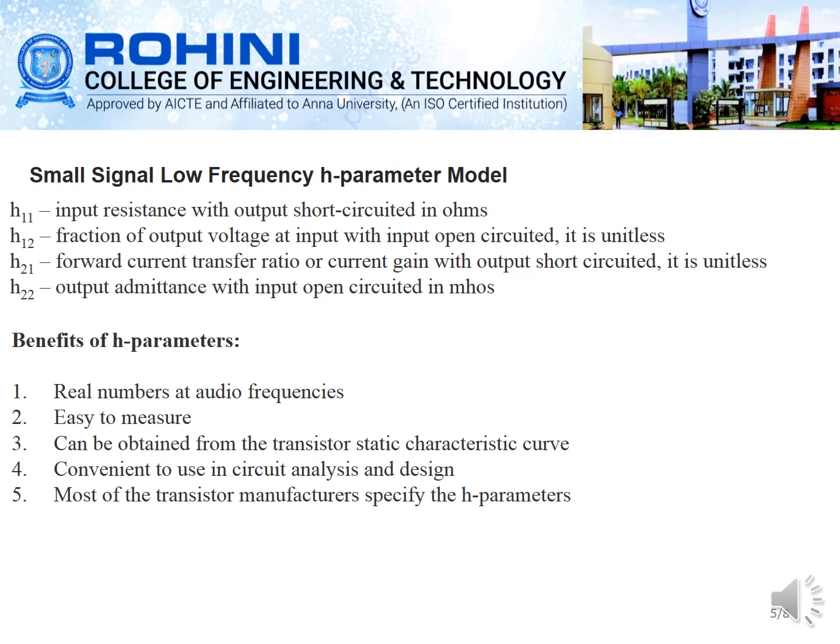Most manufacturers use the hybrid model, and they can be obtained from the transistor static characteristic curve, and it is very convenient to use in circuit analysis. While designing also it is very convenient to use. So most of the transistor manufacturers will specify these H parameters.